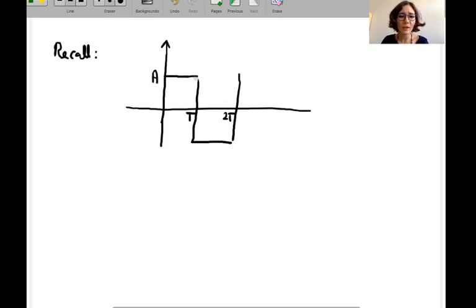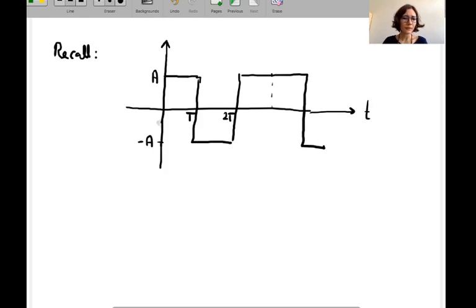And at each time slot, the random process could take the value A or minus A. So if you're sending a 1 as a bit, you have A. If you're sending 0 as your bit, it takes the value minus A. So a typical realization might look like this. If you're sending 1, 0, 1, 1, this is going to be the corresponding realization. So this was our original random process.